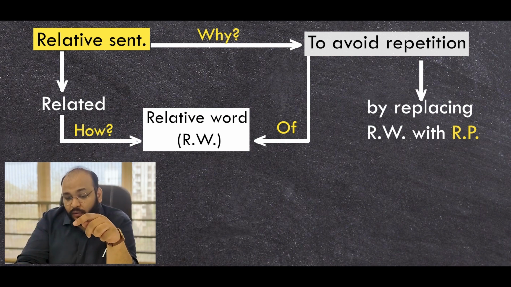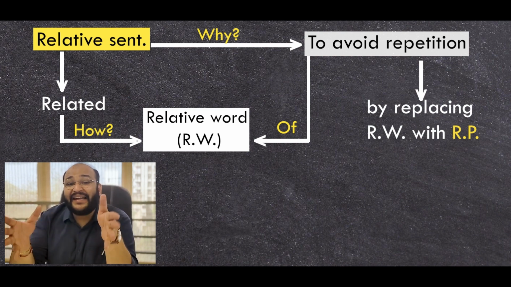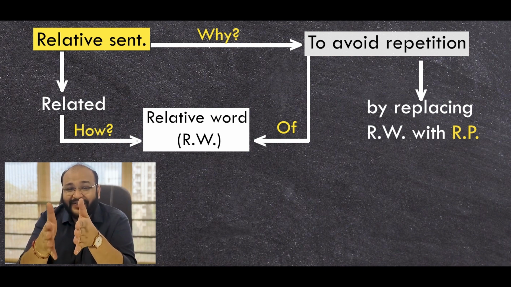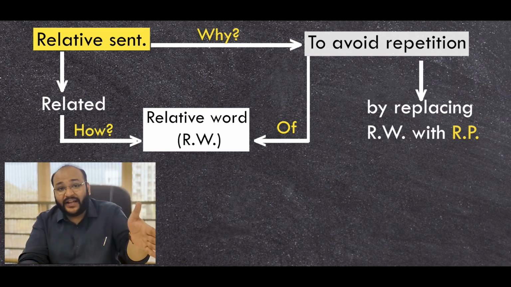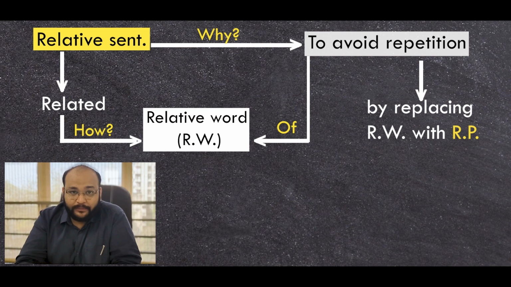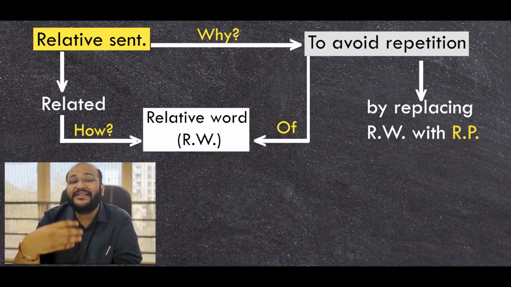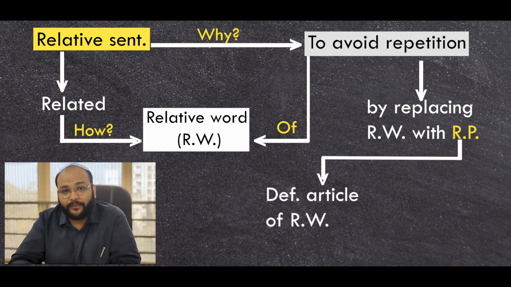So in German, we use the articles normally. These relative pronouns are nothing but the gender of the relative word. And with minor exceptions, what we use as this gender is the definite articles itself.